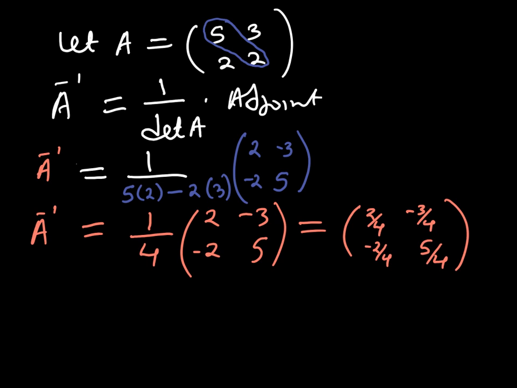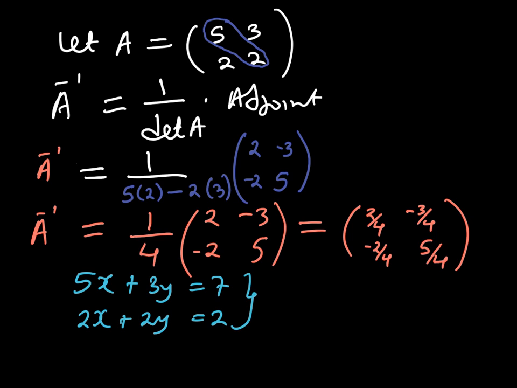Now, to find the solution to the simultaneous equations given to us, let me write the equations: 5x plus 3y equals 7, then 2x plus 2y equals 2. In matrix form, this can be written by extracting the coefficients.